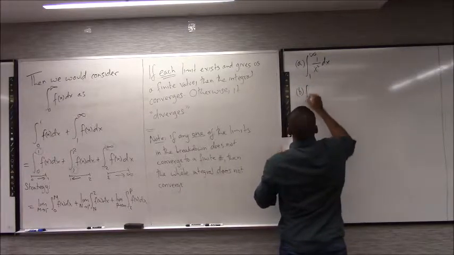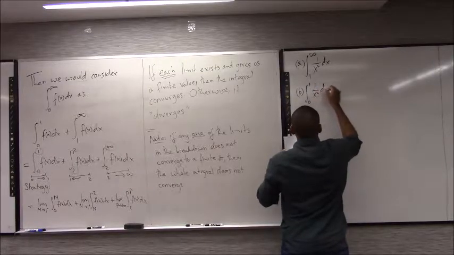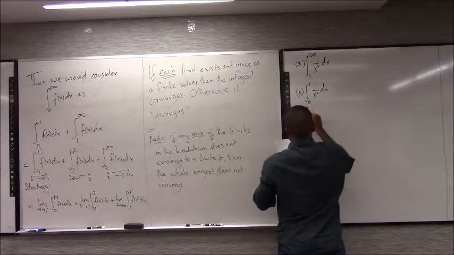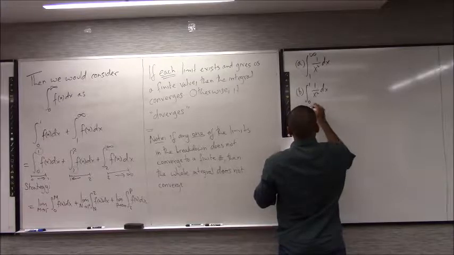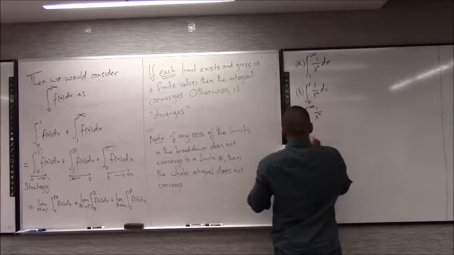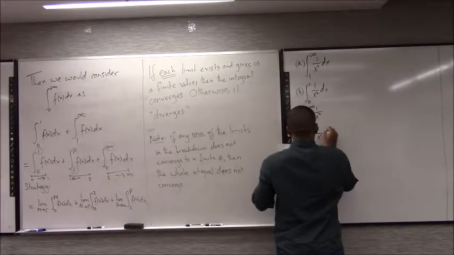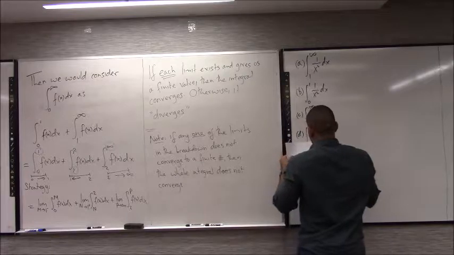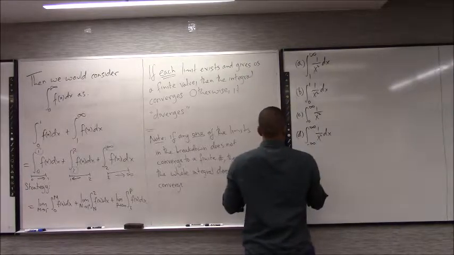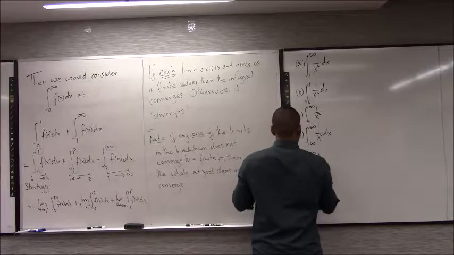B, from 0 to 1 of 1 over x squared. C, from 0 to infinity of 1 over x squared. D, from minus infinity to infinity of 1 over x squared. E, from 0 to infinity of 1 over 1 plus x squared.